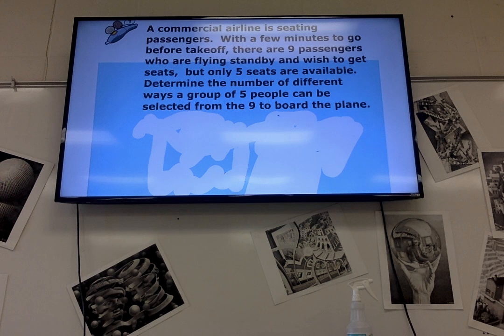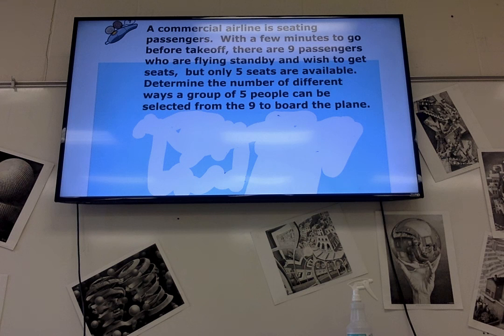A commercial airline is seating passengers. With a few minutes to go before takeoff, there are 9 passengers who are flying standby and wish to get seats. If you've never flown, flying standby just means that a lot of times they've overbooked the plane, and you're hoping to get on the plane because some people don't show up.